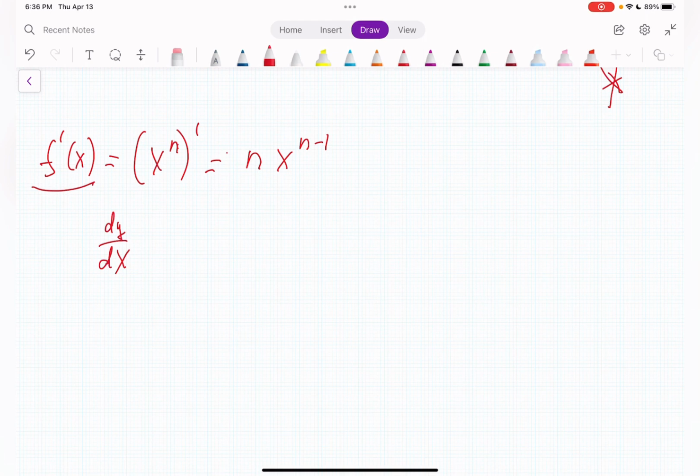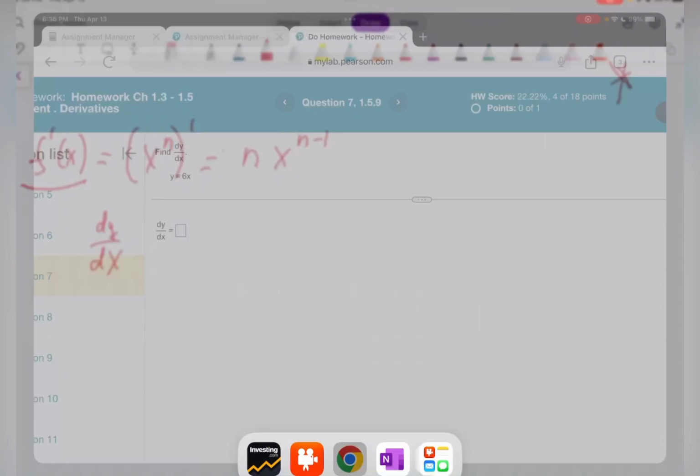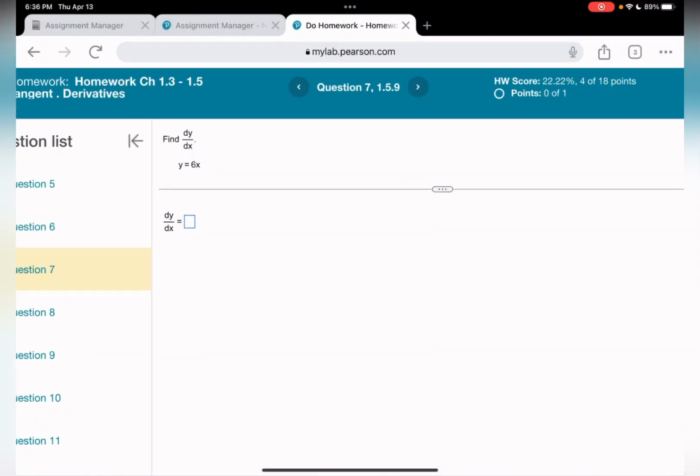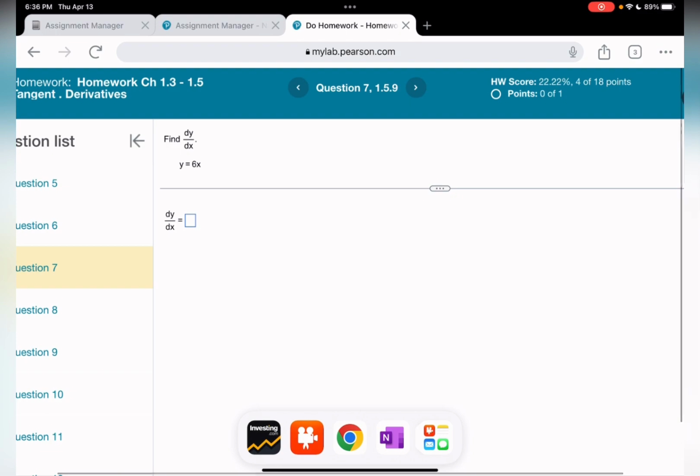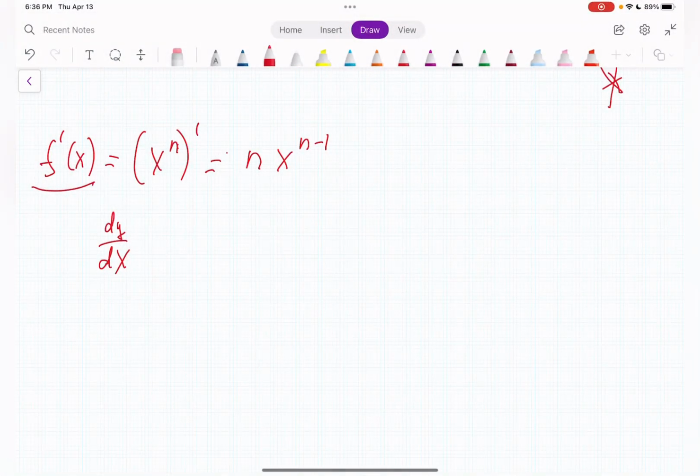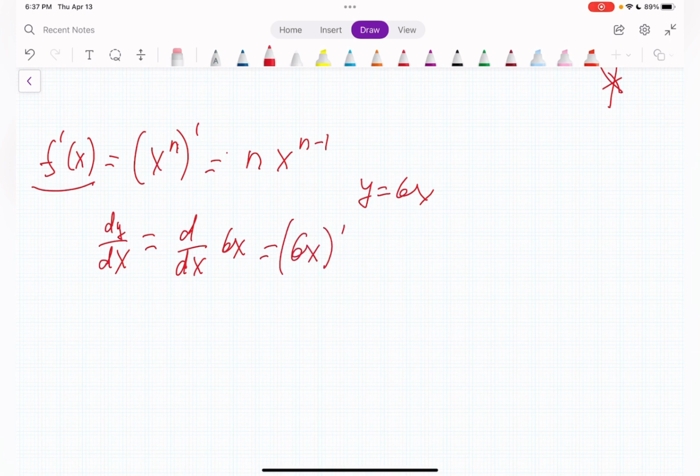And when y is equal to 6x, we need to find dy dx, which is d by dx of 6x, which I can also write as 6x prime. This is more popular, but you need to know this one also.